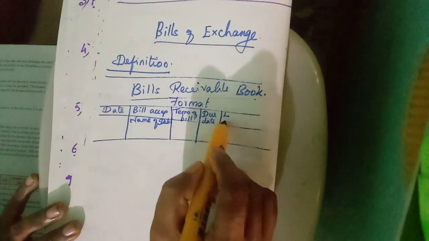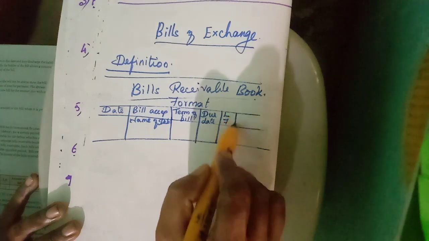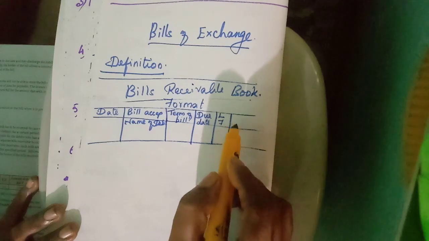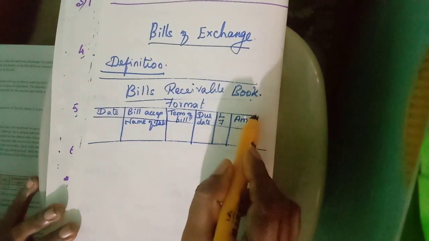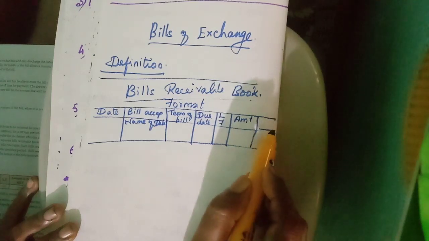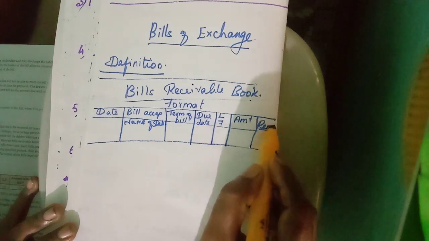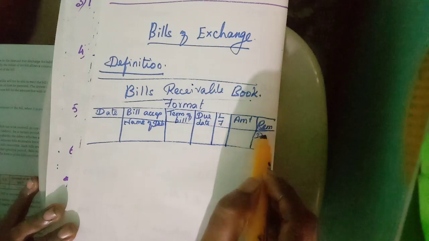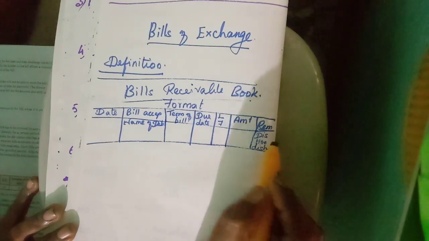Then LF, ledger folio. This is the page number, you know, isn't it? The page number when we post this in the ledger accounts. Then amount of the bill. Then remark. Any remark, whether we have discounted or whether it is honored or dishonored, anything we can mention.